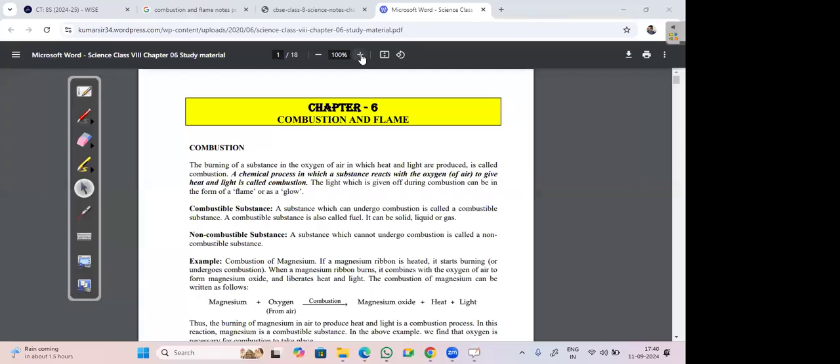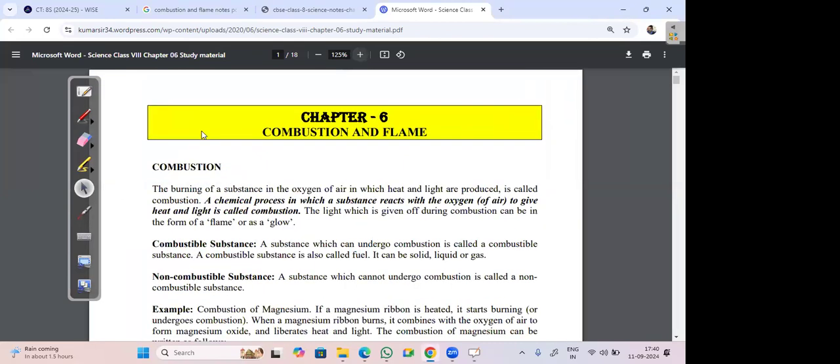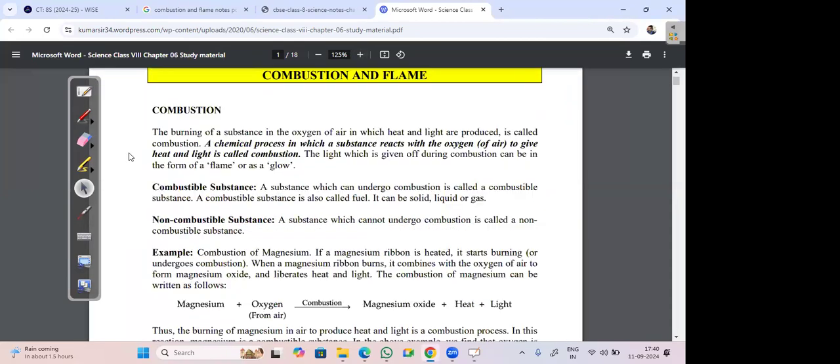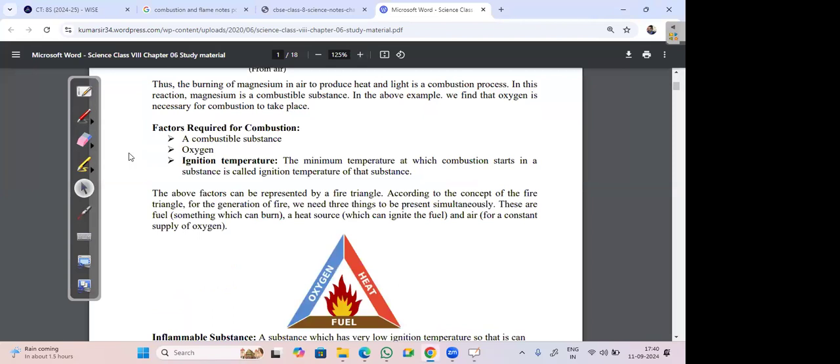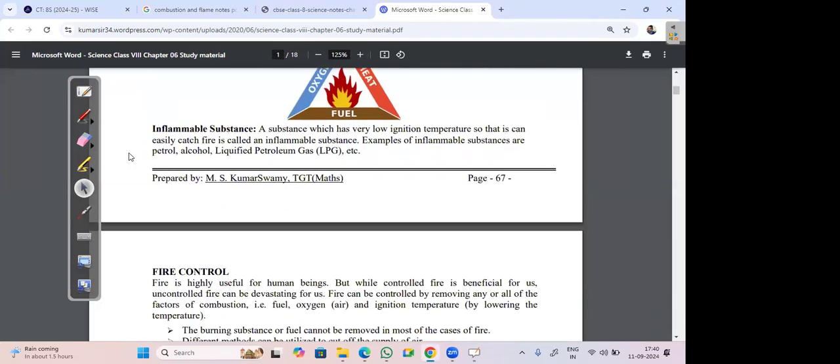Let me share again. We did the fire triangle.